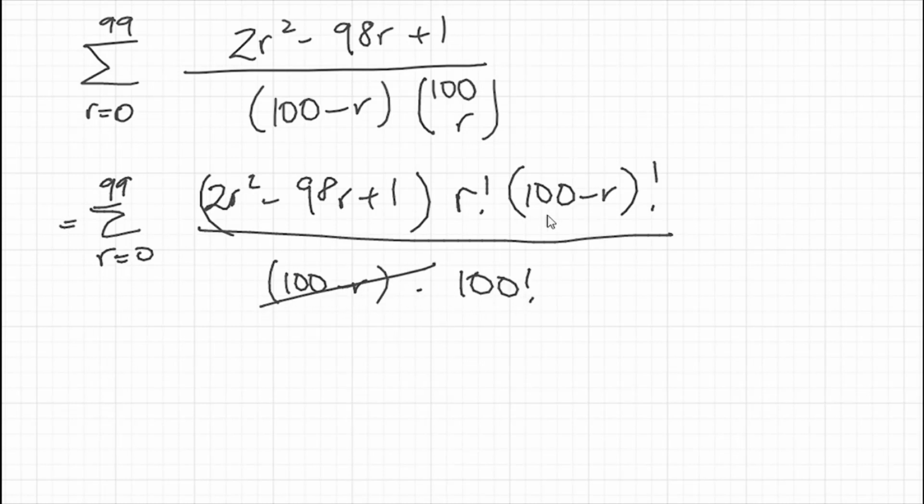Now, this 100 minus r can cancel with this 100 minus r here, so we're just going to get a 99 minus r factorial, like so, and we still got this 100 factorial in the denominator here, but we can just bring that out to the front of our sum.